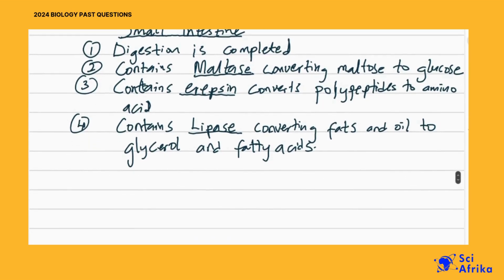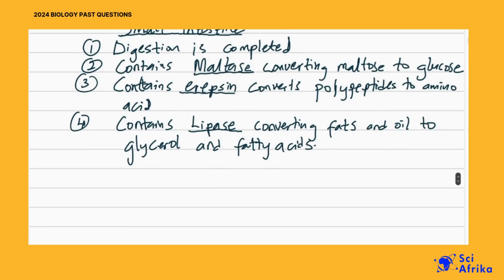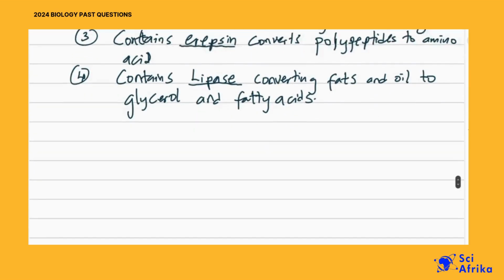Let's now go down to the function of the large intestine. What role is played by the large intestine after the person has eaten the food? Based on what WAEC has given us, we are supposed to explain what role is played by the large intestine after this individual has taken that cassava food and hot groundnut soup.